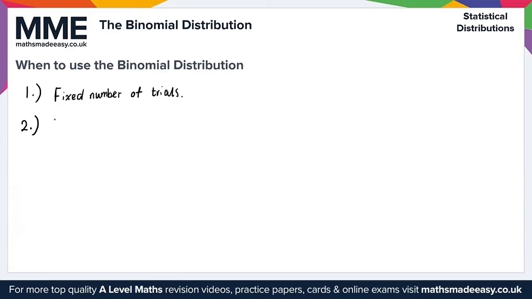So each trial has only 2 outcomes, and they are success or failure. We write this out here, so that's success or failure.